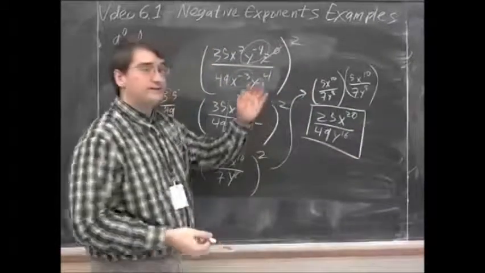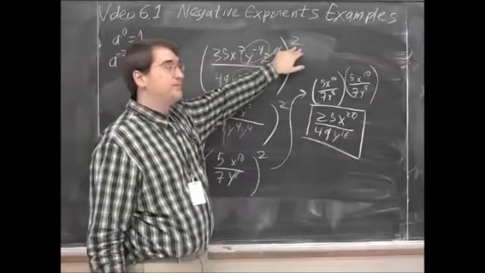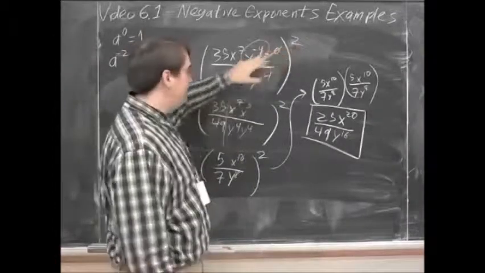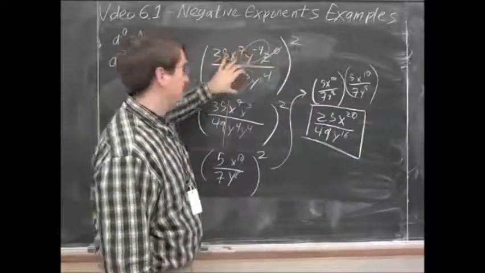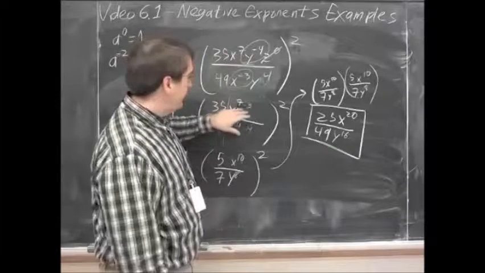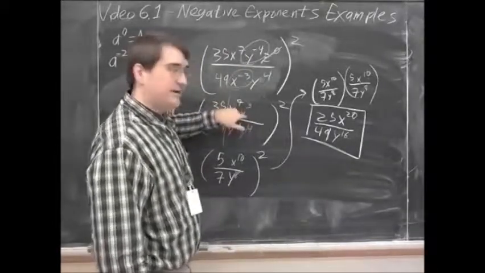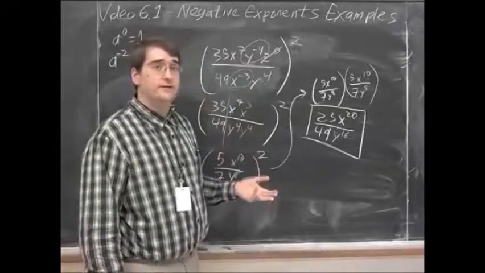So the general process, if the exponent outside the fraction is negative, deal with that first. Then deal with the individual negative exponents inside the fraction. Take care of those. Simplify what you get as a result, combining them on top and maybe canceling them up and down if there is anything to cancel.